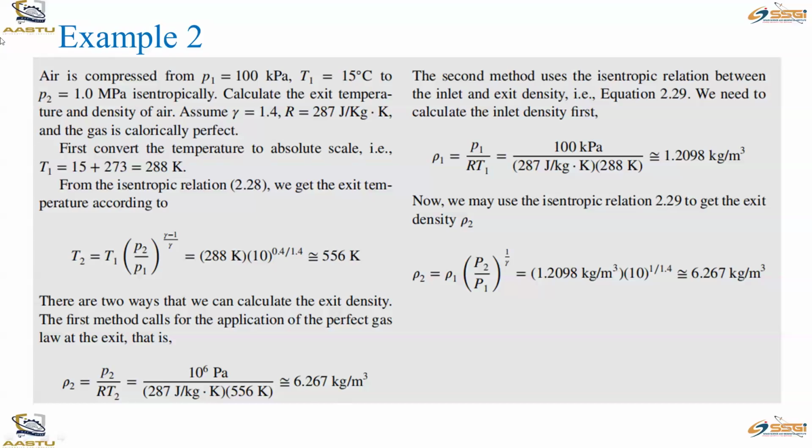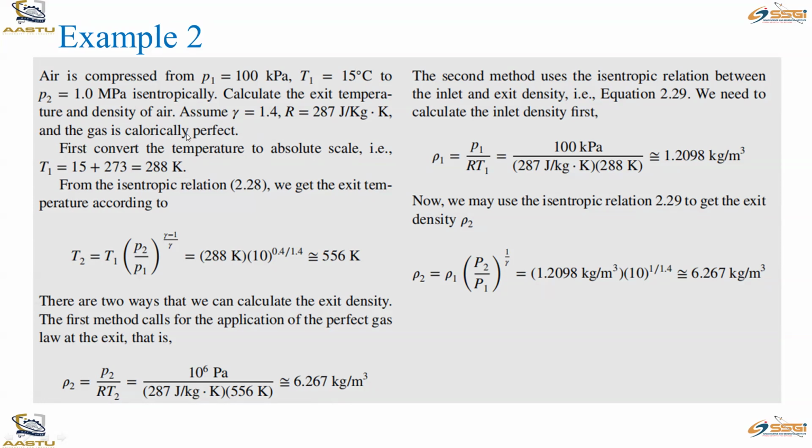The compression is isentropic. Calculate the exit temperature and density of the air, assuming gamma is equal to 1.4 and R is equal to 287, and the gas is calorifically perfect.